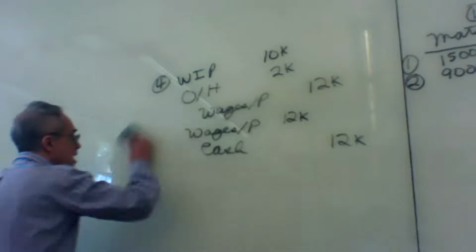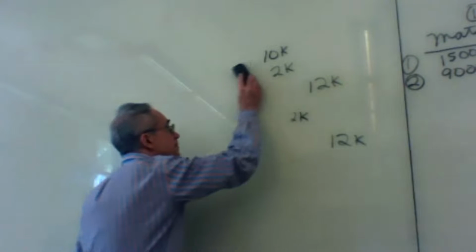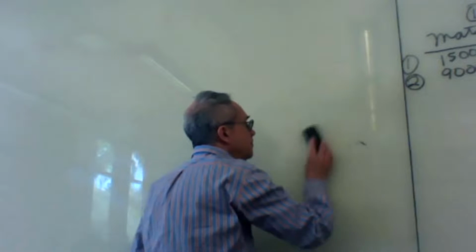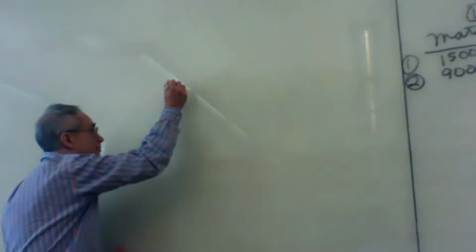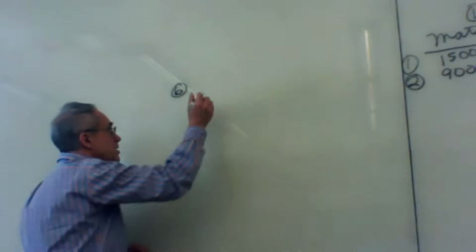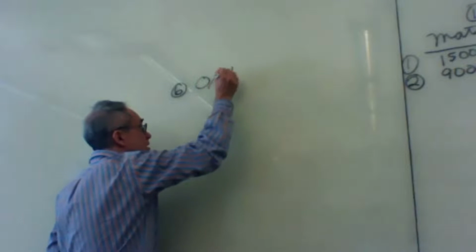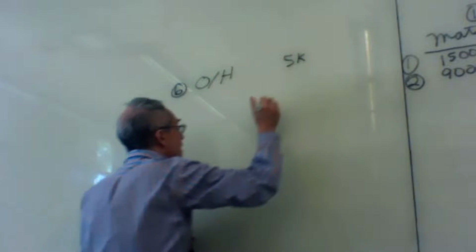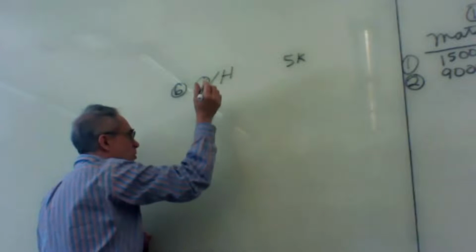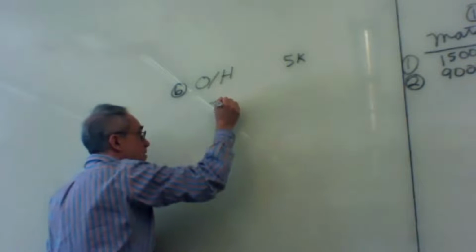Let me go ahead and make more room here. So here we're going to be debiting overhead to increase it 5,000. And as far as credit goes, I could just put various accounts.